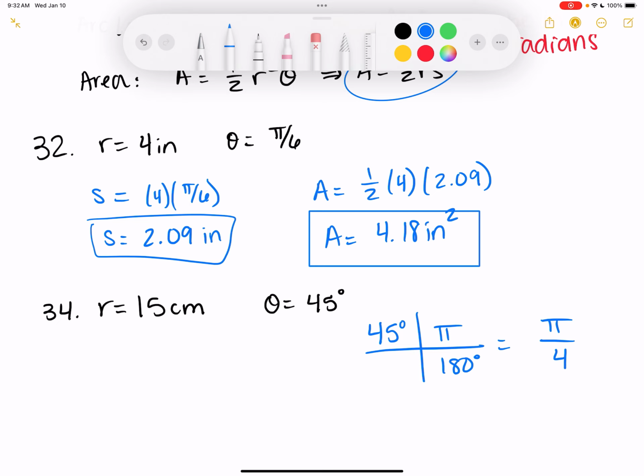So if it's a known value and I just see you have it written as that, that's totally fine because I'll know that you just knew it from your unit circle. So arc length S equals 15 times pi over 4.